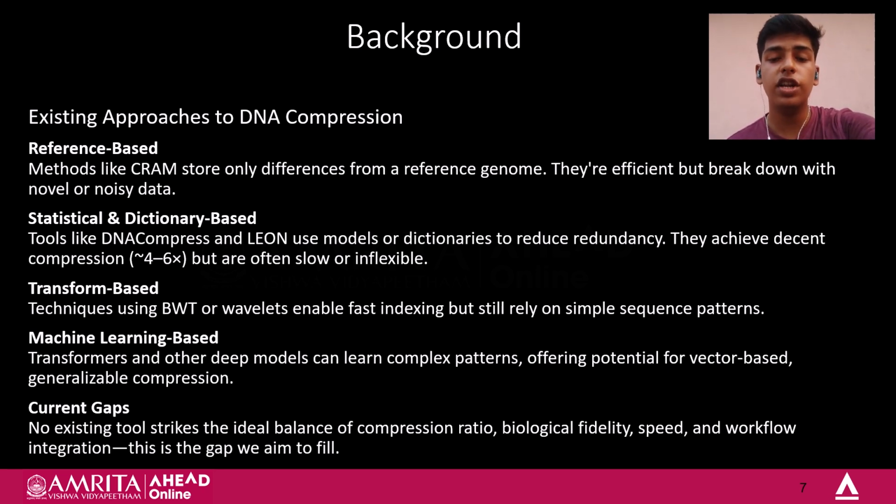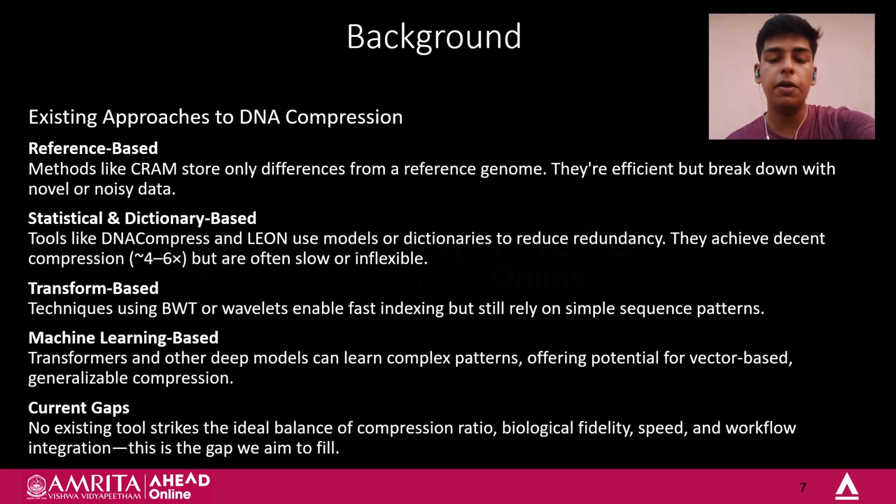While they achieve moderate compression, typically 4 to 6 times, they can be slow and lack flexibility. Transform-based techniques, including those using the Burrows-Wheeler transform or wavelets, allow for faster indexing but still rely on relatively simple sequence features. Then we have machine learning-based methods.